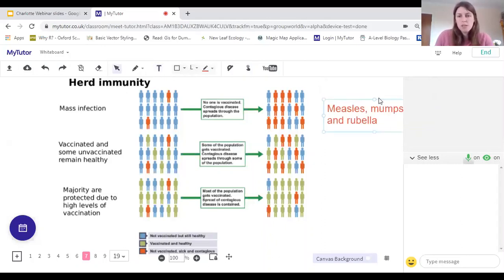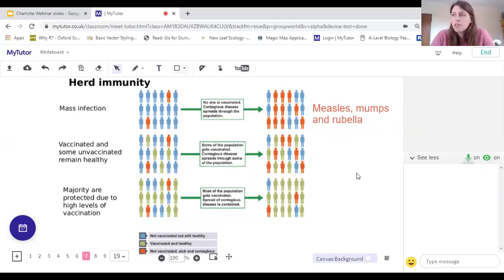Measles, mumps and rubella. We've had, I think, a 97% reduction in measles, mumps and rubella in the population since vaccination was introduced in, I think, the 1950s. So vaccination works incredibly well. And once we have a vaccine for COVID-19, that's what scientists are working on now, that will be the most effective way of controlling the coronavirus.